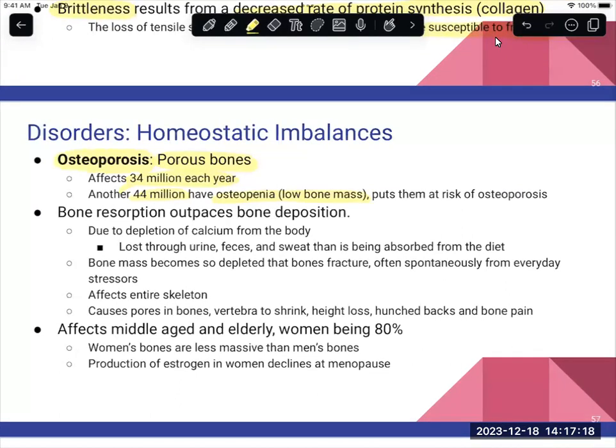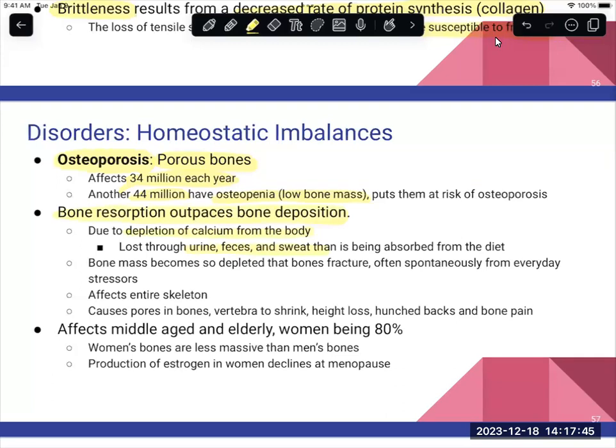But it puts them at risk of osteoporosis if that bone mass loss continues, because we are breaking down more bone than we are laying down. It's because of that depletion of calcium. And we lose calcium through urine, feces, sweat.